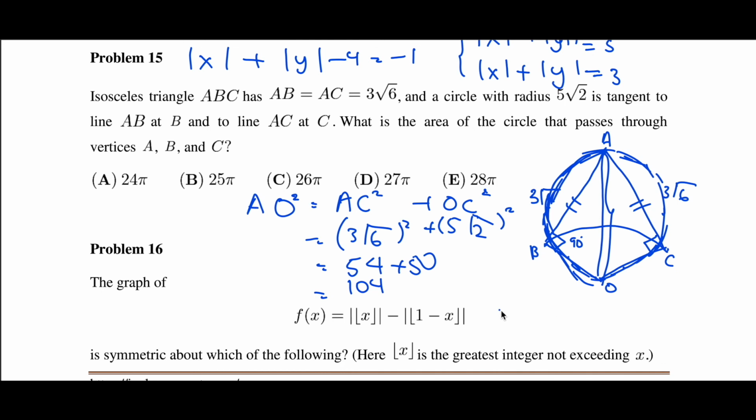So the area, pi r squared, is pi times AO over 2 squared, which is 104 pi over 4, which is 26 pi, which tells us the answer is C.